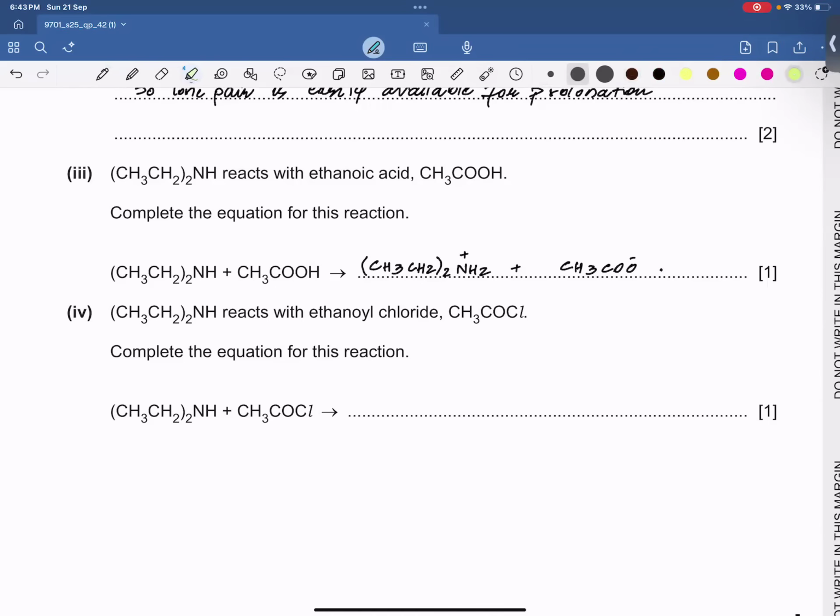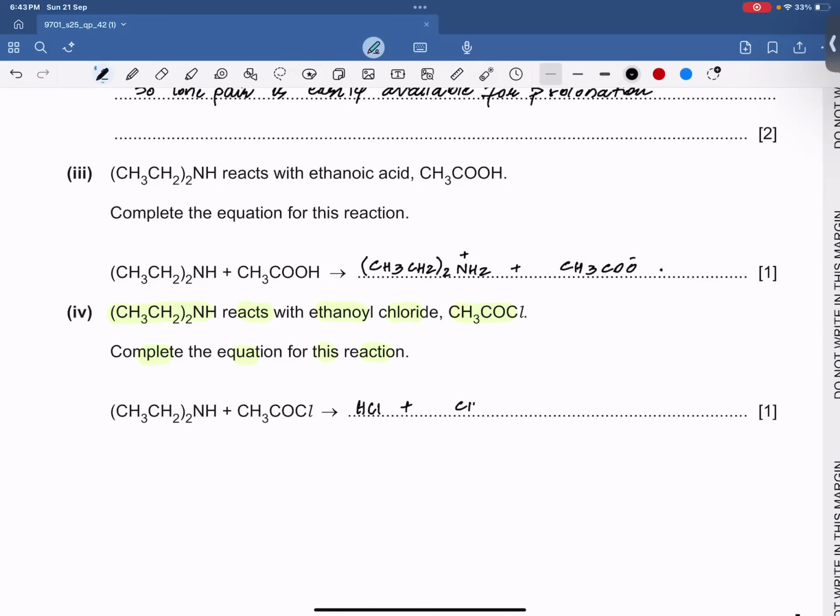Now, in the next part, this compound reacts with ethanoyl chloride. Complete the equation for this reaction. Now, this hydrogen and this chlorine combine together to give HCl. Now we need to join the remaining fragments of the molecule.